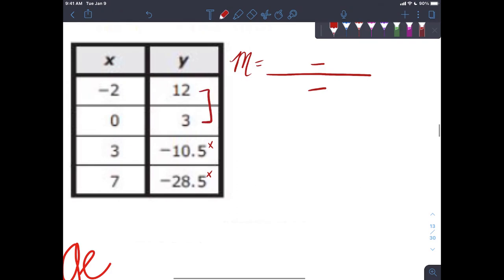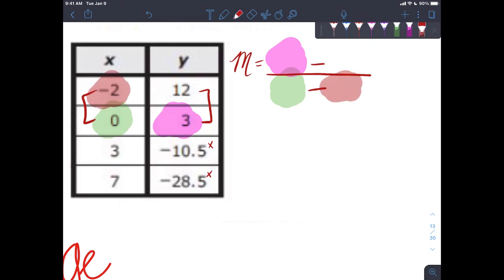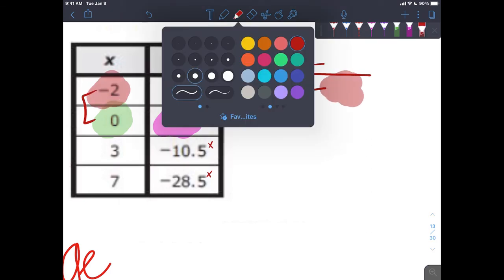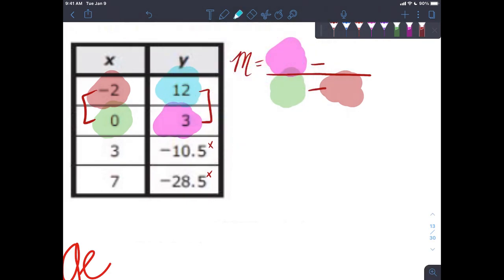So I'll use these two at the top. I'm going to look at my X values and see which one is larger. And it looks like that's 0. So I'll write that in there. The associated Y value is going to go there at the top. My other X, as well as my other Y. So let's go ahead and get those written in. 0 minus 3.